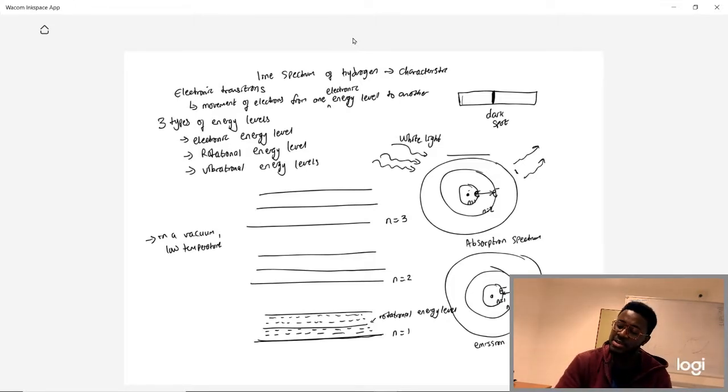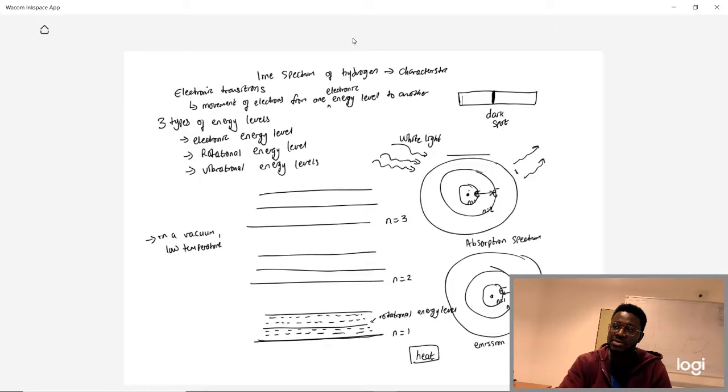And the emission spectrum is the opposite, right? So you can excite the atom first. Let's say you heat the atom. It's useful to excite the atom with something other than light because you're trying to measure light.